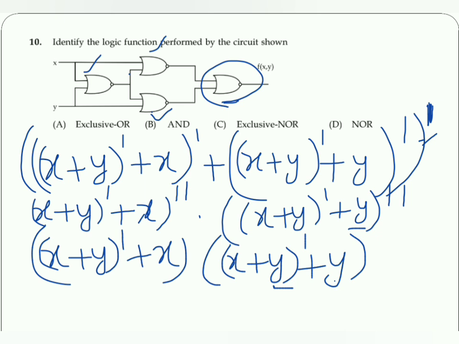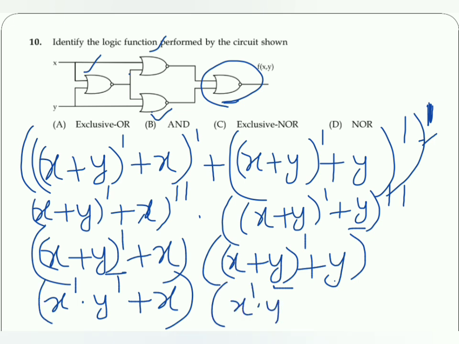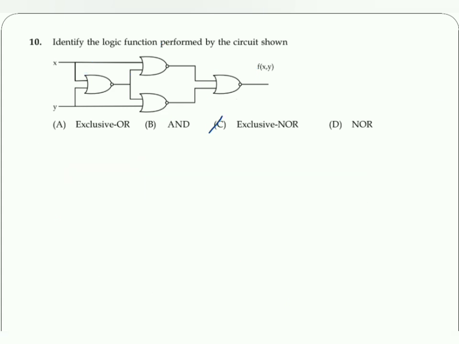Now if you open the parenthesis of this complement, it will become x dash into y dash plus x, and x dash into y dash plus y. Okay. So after simplifying this expression, at the end we will get x XNOR y. So that is the answer. Okay, the exclusive NOR is the answer.